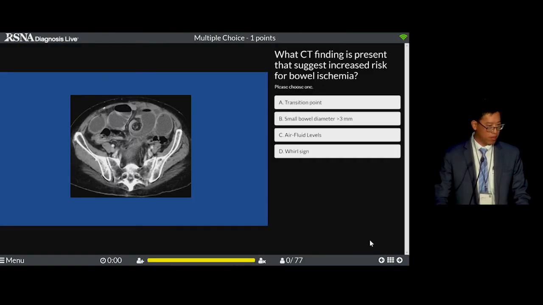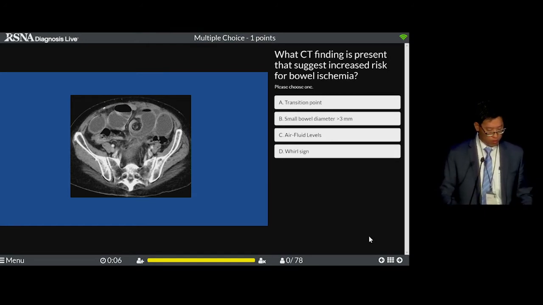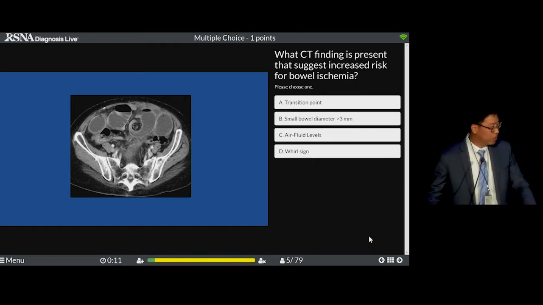Okay, all right, so here's the ARS question. What CT finding is present that suggests the increased risk for bowel ischemia? Is it A, transition point; B, small bowel diameter greater than 3 centimeters; C, air fluid levels; or D, Whirl sign?